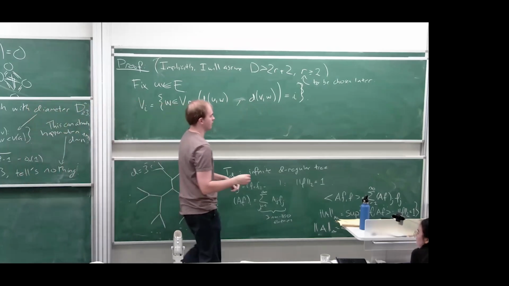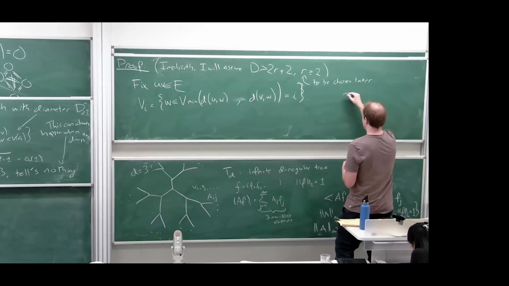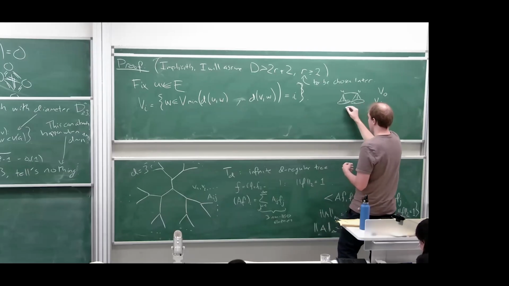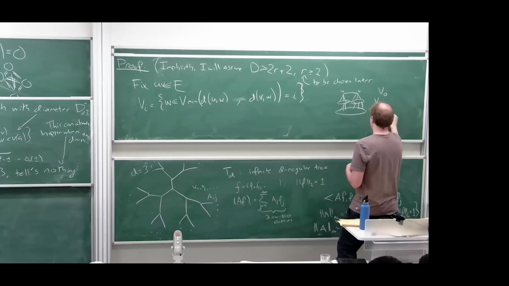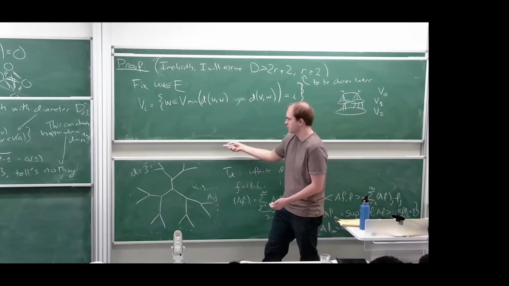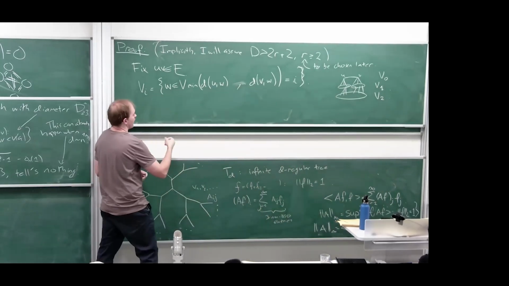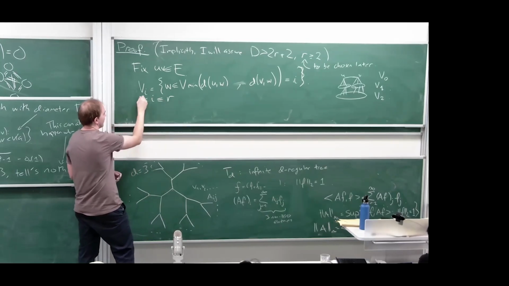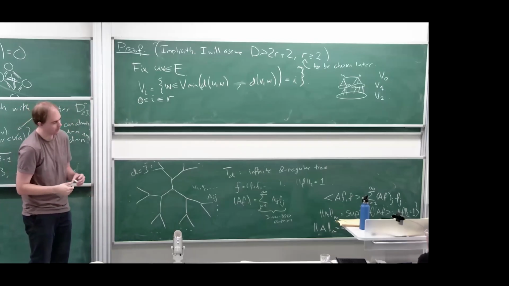So what it basically looks like is that here we have the edge. This is our set V0. The neighborhoods form a set V1. Maybe there is some edge across. So we don't add this vertex to V2 because, even though it's distance 2 away from U, it's still distance 1 away from V. Then they have a neighborhood. We call this V2, and so on. And we only define this for i between 0 and R.